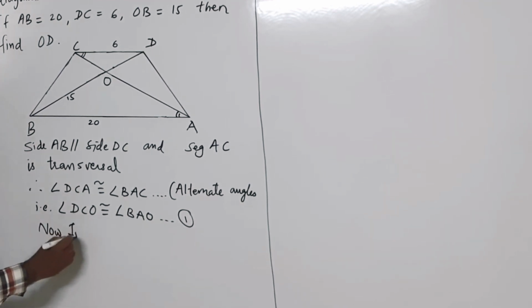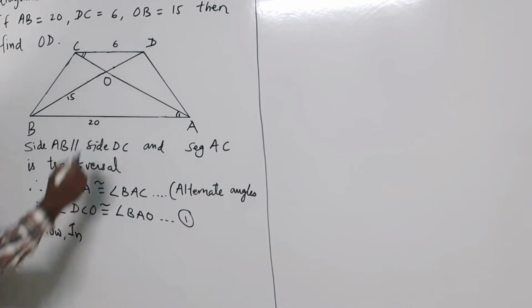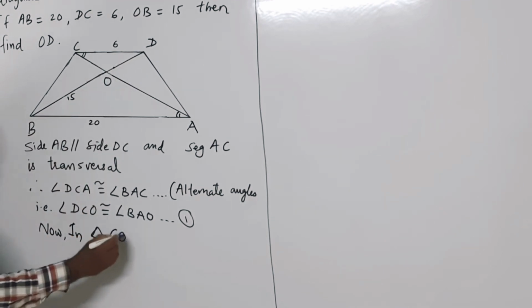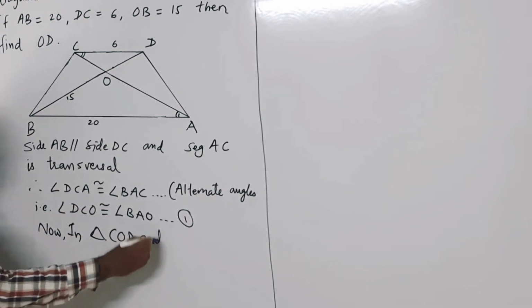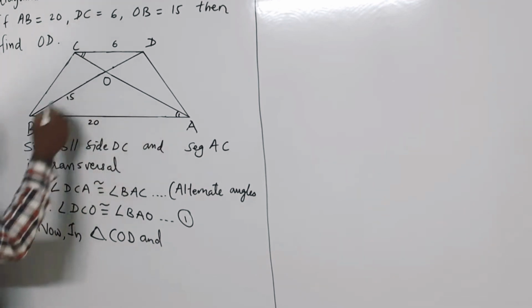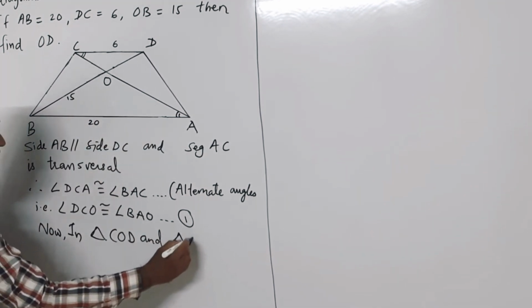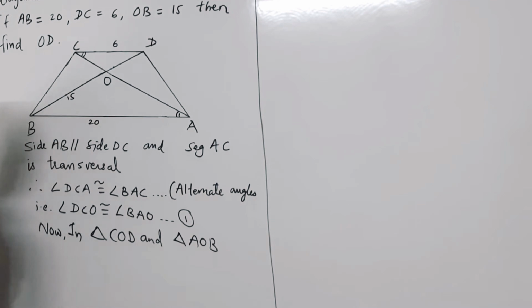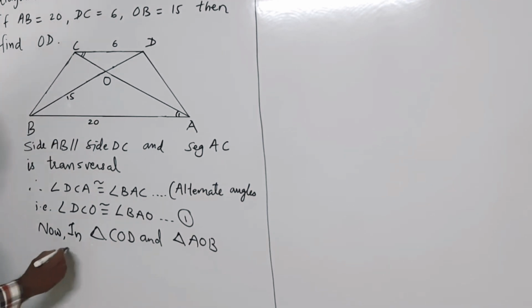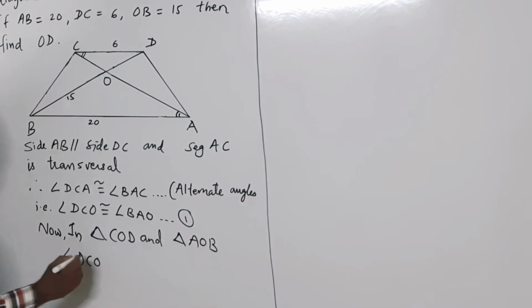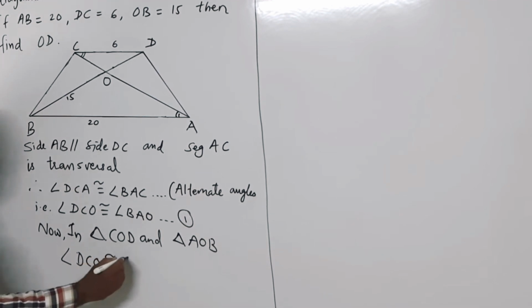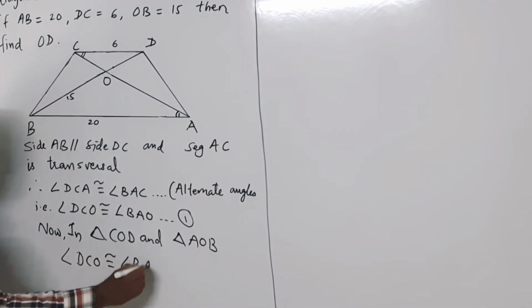Now in triangle COD and triangle AOB, these two triangles, angle DCO is congruent to angle BAO.